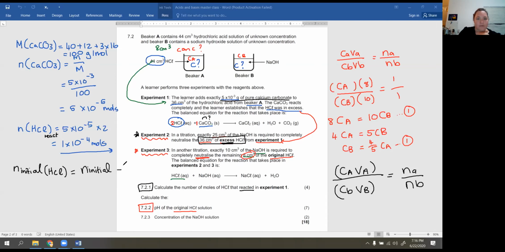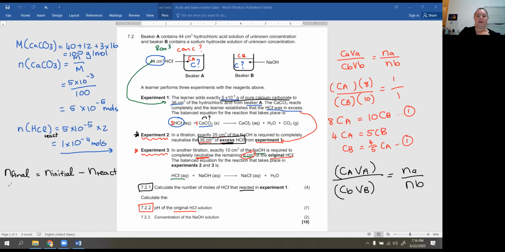Wait, wrong way around. Sorry, let me just get my head wrapped around this. This wasn't my favorite question to do. So the number of moles final is equal to the number of moles initial minus the number of moles that reacted.